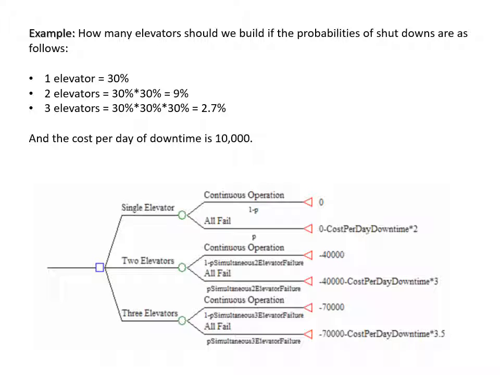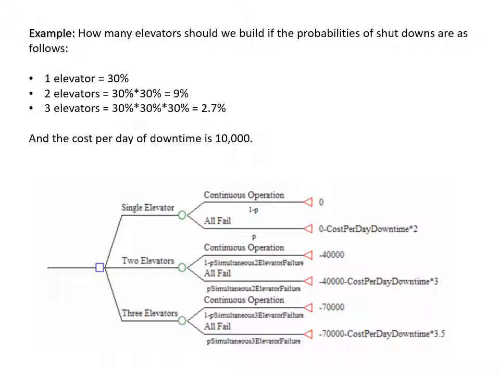At the top branch of each of these chance nodes is the probability that, given the choice about the number of elevators that we pick, those elevators experience continuous operation all the way through, right? So there's no outage at all. The bottom branch coming out of each chance node is a situation in which all elevators fail, right? So we experience some downtime where no one can take an elevator.